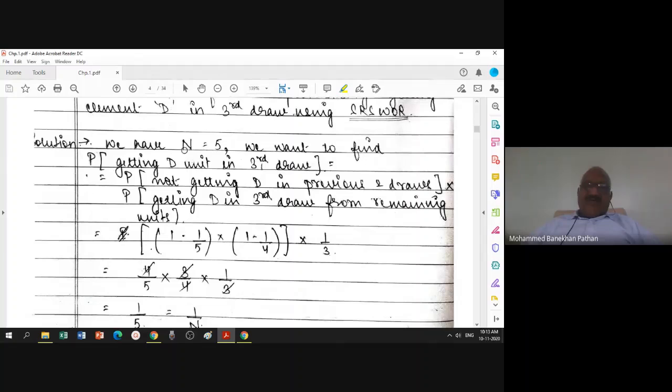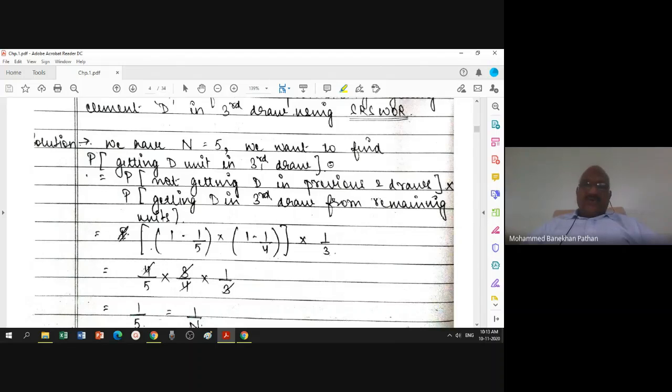We have a population with 5 elements. We want to find the probability of getting unit D in the third draw.